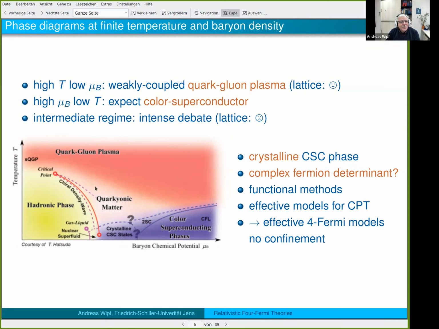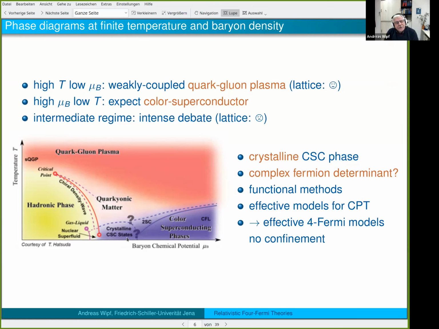Now, this diagram or variants of it you have seen many, many times. This is the proposed phase diagram of QCD, temperature versus chemical potential for the baryons. Most of it you know very well, but let me concentrate a little bit on this low temperature, intermediate values of the chemical potential, where there are conjectures that there could be a crystalline phase, an inhomogeneous phase, where the baryon density forms a crystal.